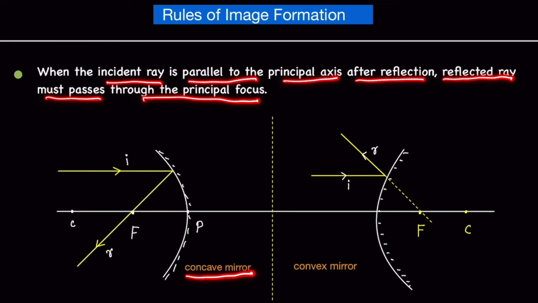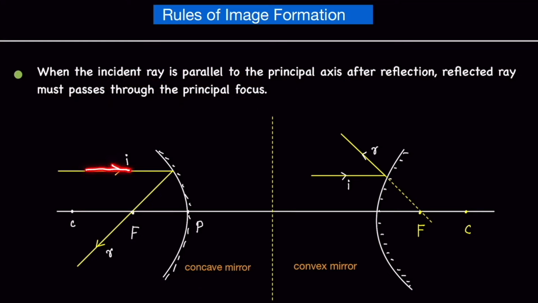If this is a concave mirror and here is the incident ray, when the incident ray is parallel to the principal axis, after reflection, this is the reflected ray, it must pass through the focus. Similarly, in the convex mirror, this is the incident ray and it is parallel to the principal axis. After reflection, this is the reflected ray. The reflected ray must pass through the focus. But in the convex mirror, the focus is present on the right side, which is the virtual side. So the reflected ray can't go inside the mirror, so it will be represented as a dotted line.